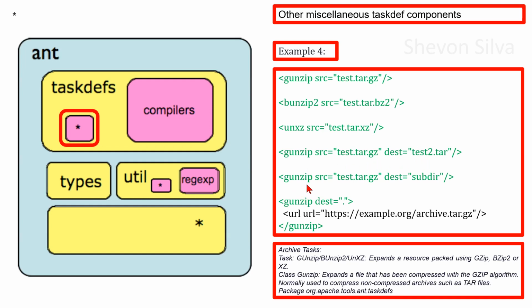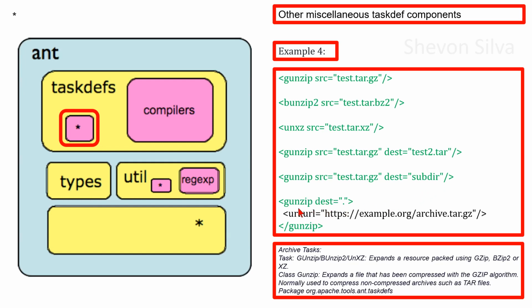Here expand test.tar.gz to subdir/test.tar, assuming subdir is a directory.